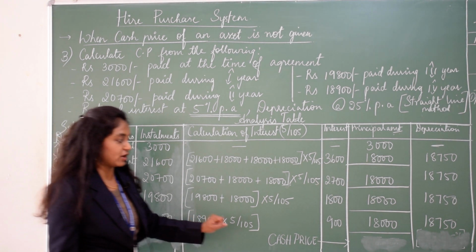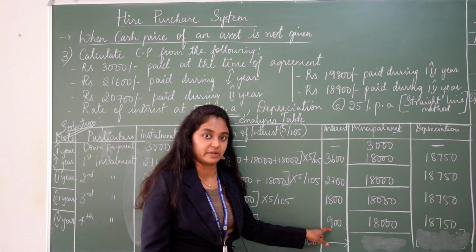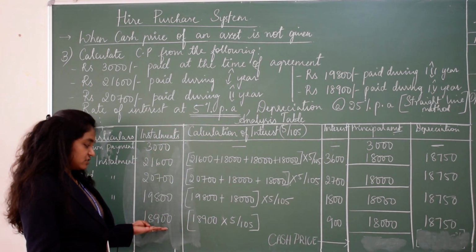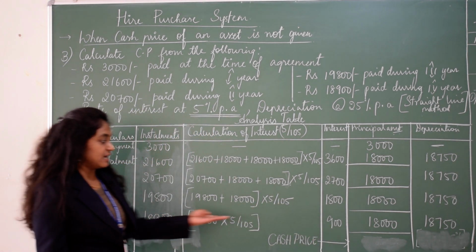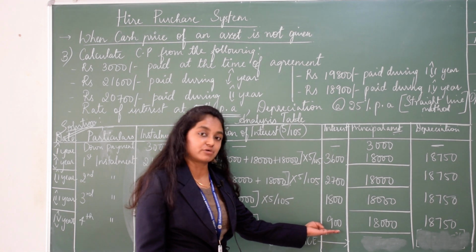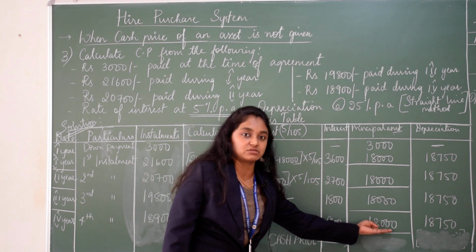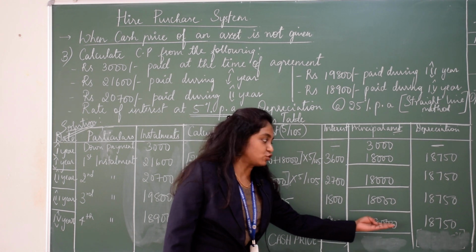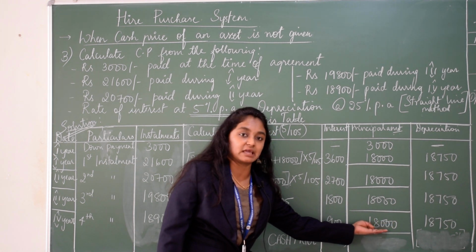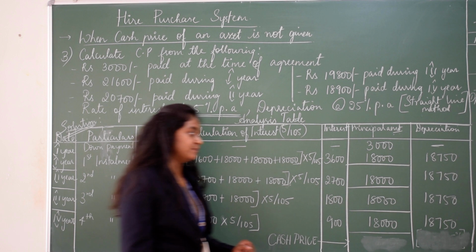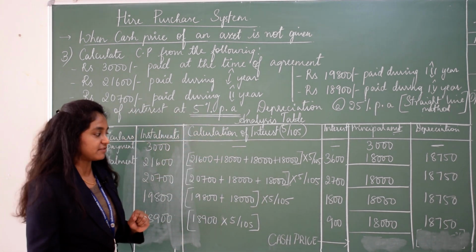When you multiply, you are getting a value of 900 rupees. So the actual installment is 18,900, interest is 900. If you remove this 900 from 18,900, you are amounting to 18,000 principal value. So the pure principal amount that you are paying in the fourth year is 18,000. So this is the first year calculation we have done.